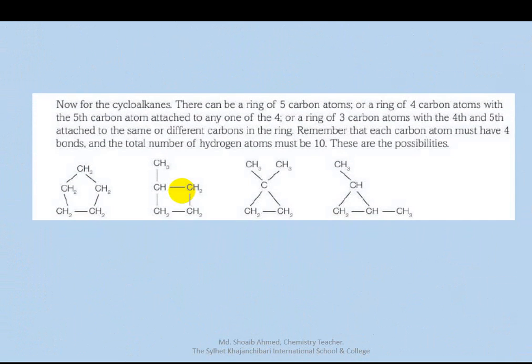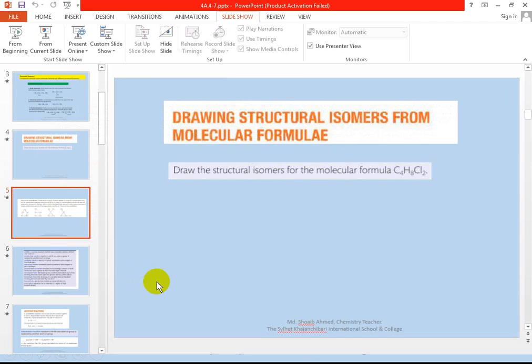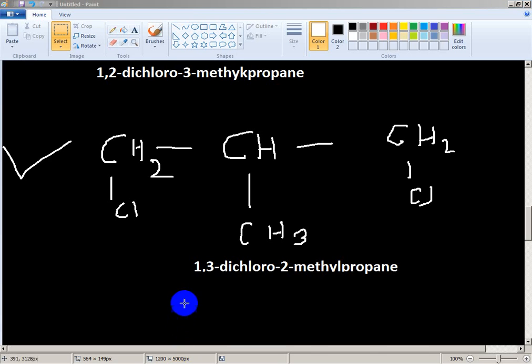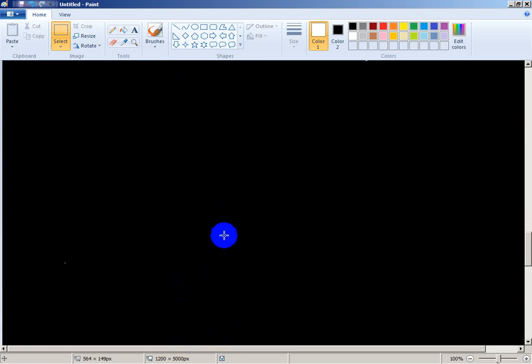Okay, the cycloalkane. Cycloalkane, two ends are closed. Draw, the two ends will be closed. Now we draw the structural formula of cycloalkane. This is C5H10.